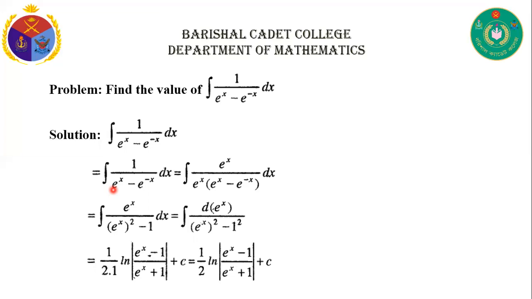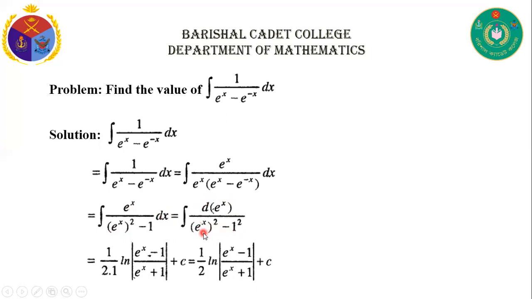We multiply e^x in the numerator and denominator, then we get e^x by (e^(2x) - 1). We can write e^(2x) as (e^x) whole squared, and we can write e^x dx as d(e^x). Then we get (e^x) whole squared minus 1.